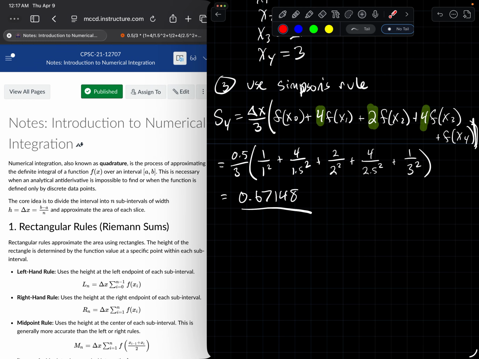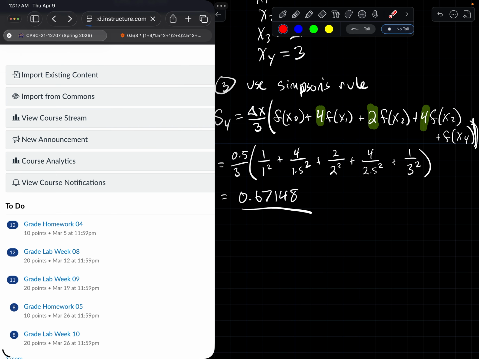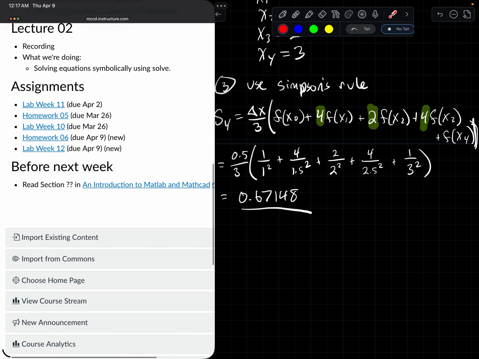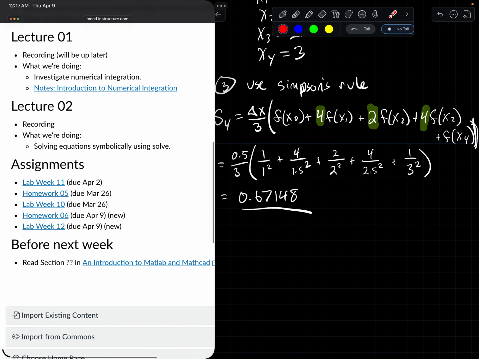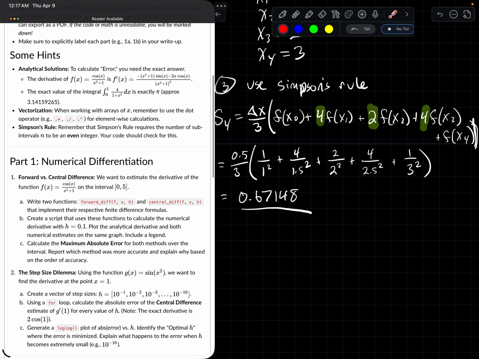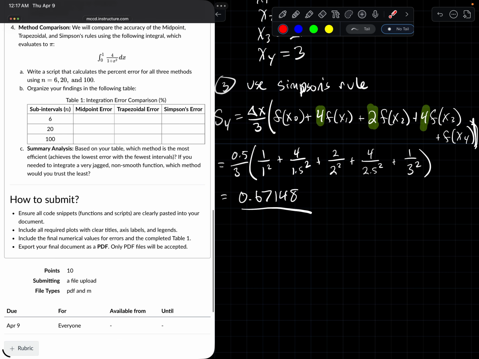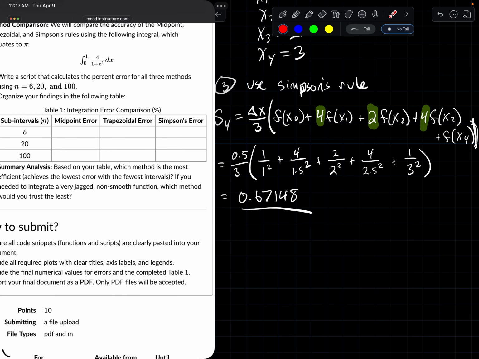And why would you need to do that? Well, if you look at the homework 6 here, one of these has you using Simpson's rule.